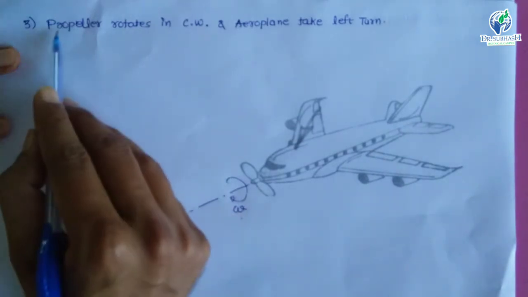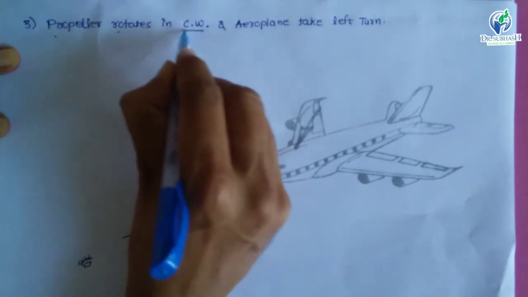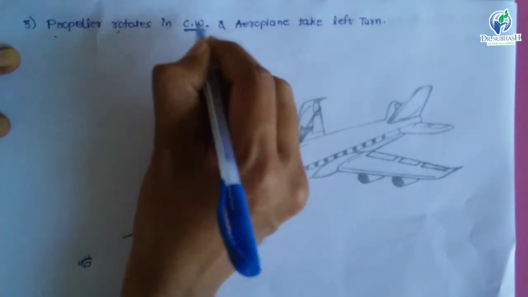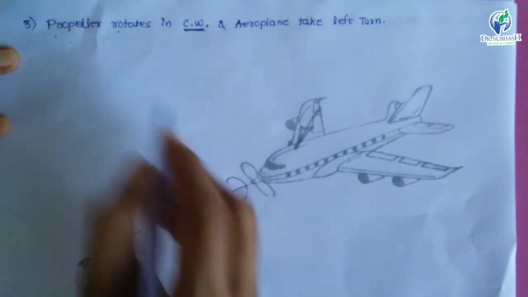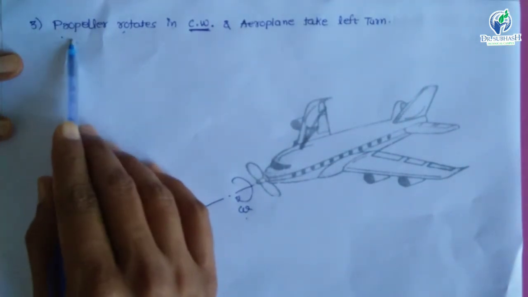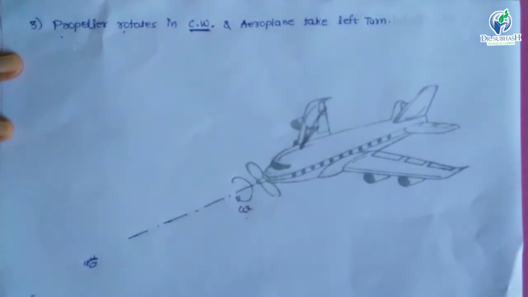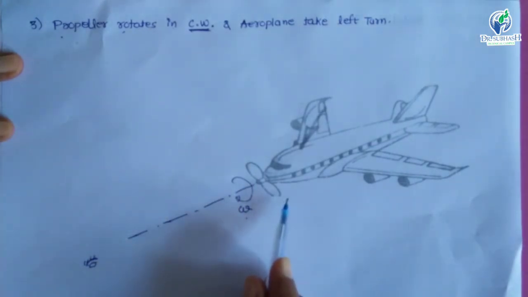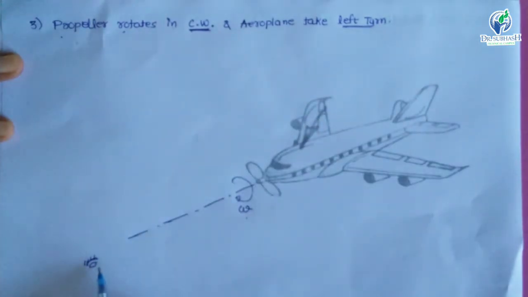Now the third case: the propeller rotates in clockwise direction when viewed from the front end or nose end, and the aeroplane takes a left turn. So let us see.